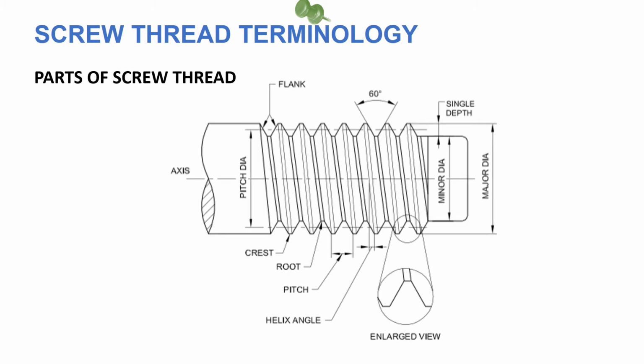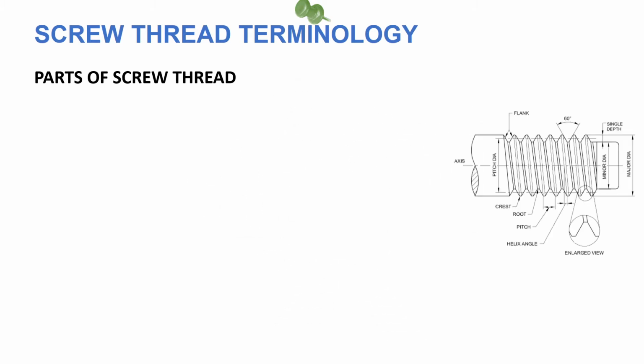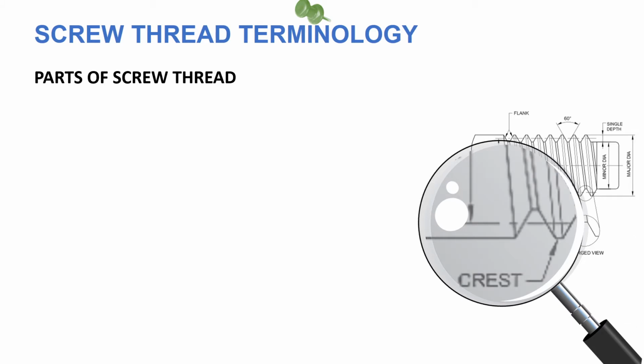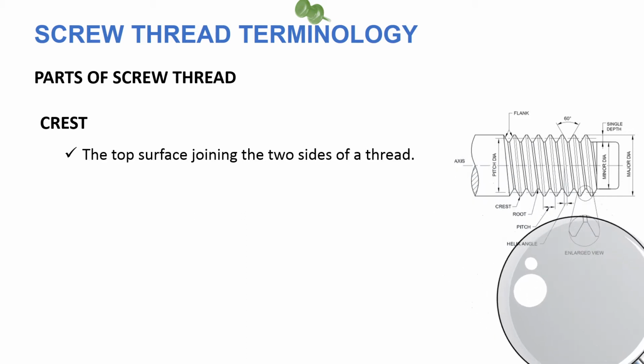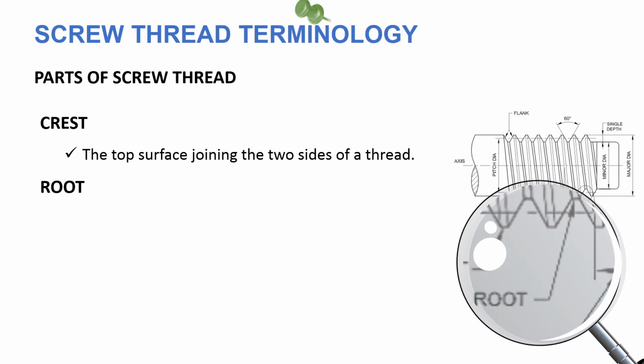Students, now let's see the detailed view of screw thread terminology. Parts of screw thread. Crest. The crest is the top surface joining the two sides of a thread. Root.